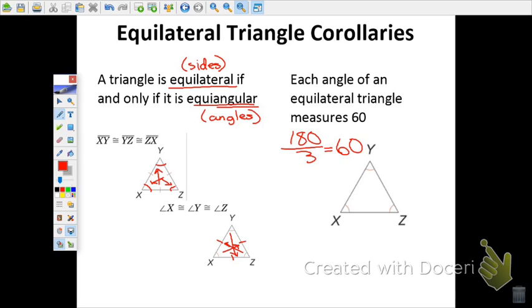With an equilateral triangle, it works the same way, but with all 3 sides. So if we know all 3 sides, we can then mark all 3 angles. Or if we know all 3 angles, we can mark all 3 sides. Every angle in an equilateral triangle has a measure of 60 degrees.